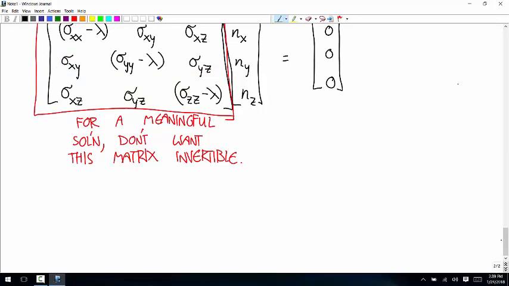That's right. So we need the determinant to be 0.